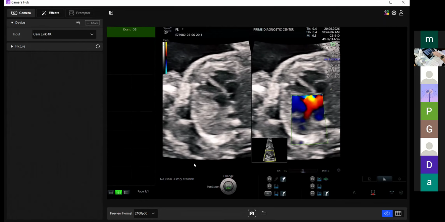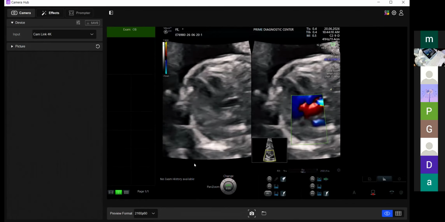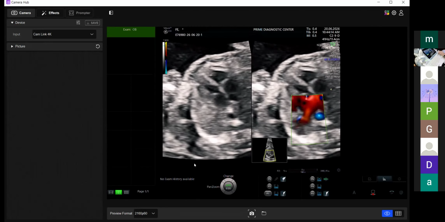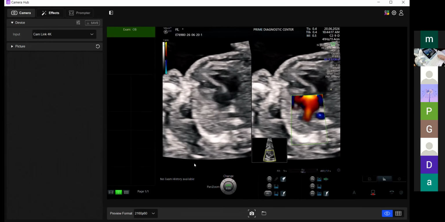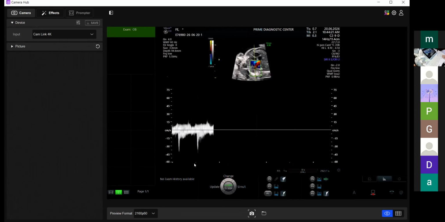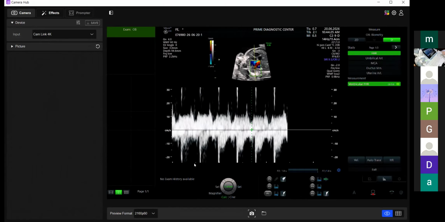Then I see a very nice, reduce the 2D gain. I want to see more of color. And you see a very nice pulmonary vein. Put a Doppler there to confirm, arteries are always somewhere around, and reduce the scale. And you see the pulmonary vein and pulmonary artery together.